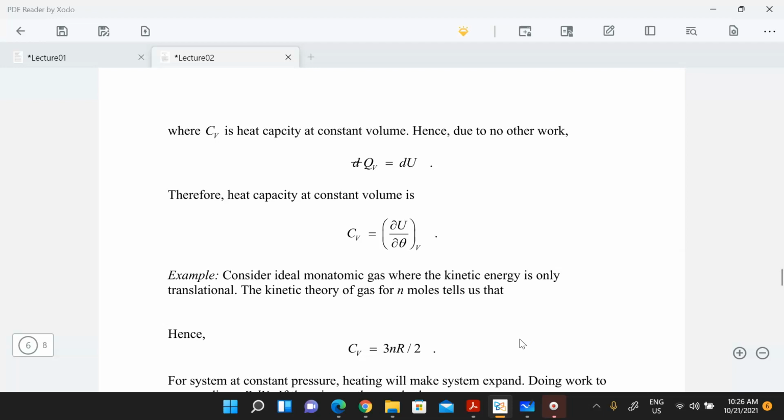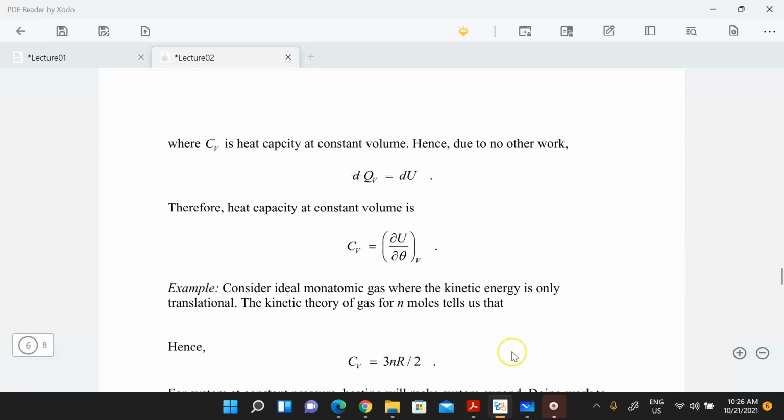Here's an example of a monatomic gas. So that's good. I haven't uploaded this lecture notes yet. Ideal monatomic gas. What does it mean by that? The gas molecules are just monoatoms. So when you do monoatoms, they are just like point particles, and the only motion that can take place is just translational motion in 3D.